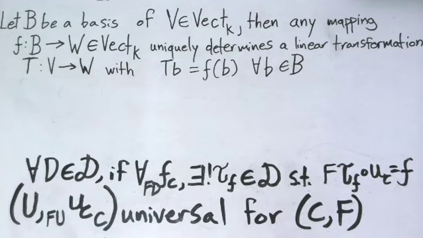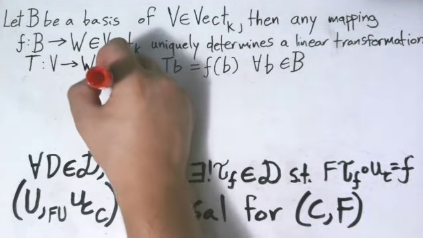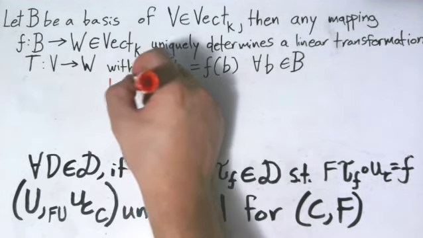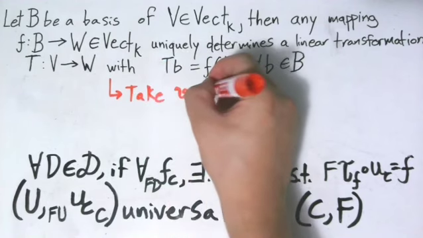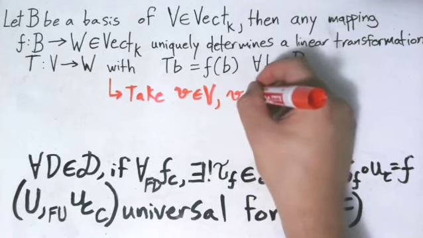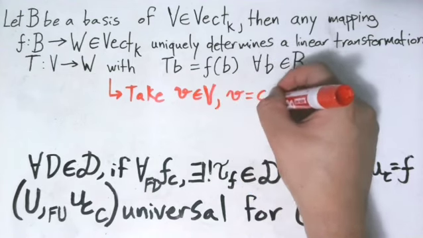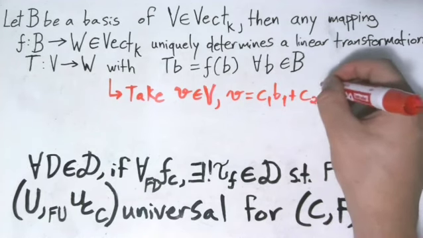And not only that, but it's unique. So there's only a unique linear transformation that satisfies that property. If you need a little bit of a hint for that one, notice that if we take any vector v in the vector space V, then we can express v as a linear combination of those basis vectors.